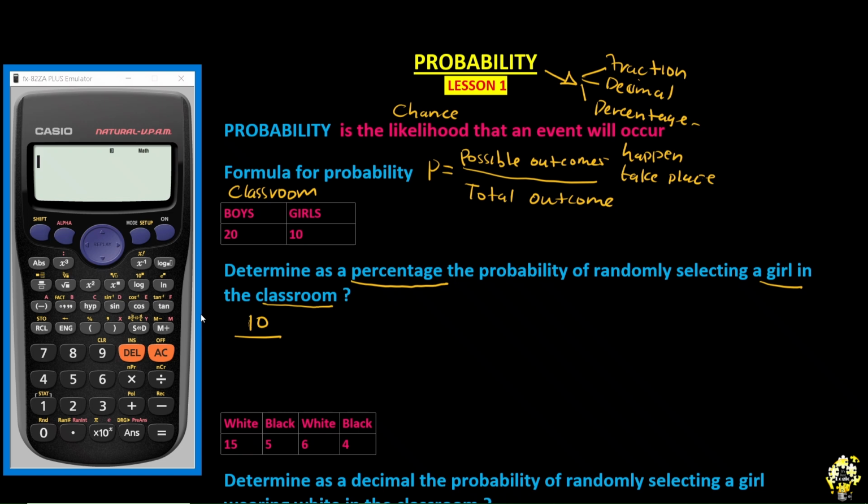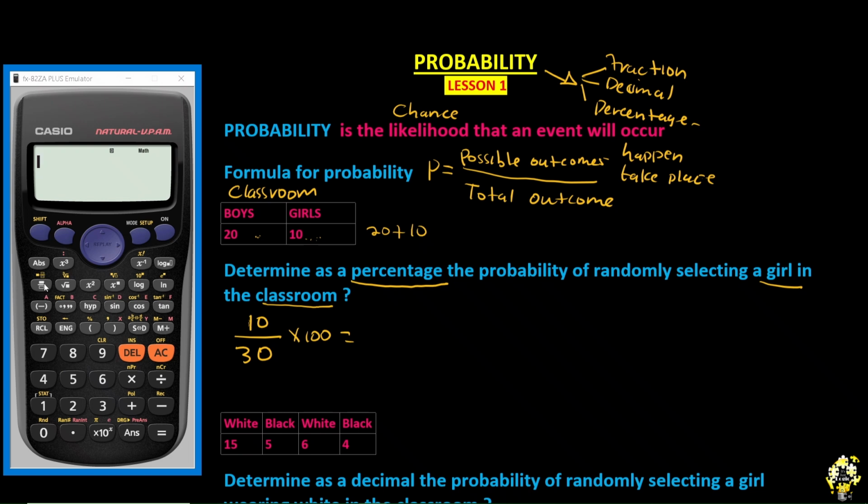At random, we can be choosing boys or even girls. So the total number of outcomes is these 20 boys plus these 10 girls, so the total number is 30. But because they said it should be in percentage form, we also have to multiply it by 100.